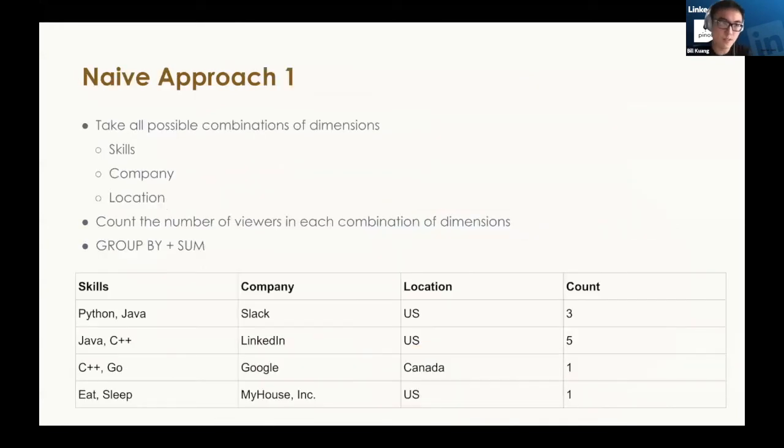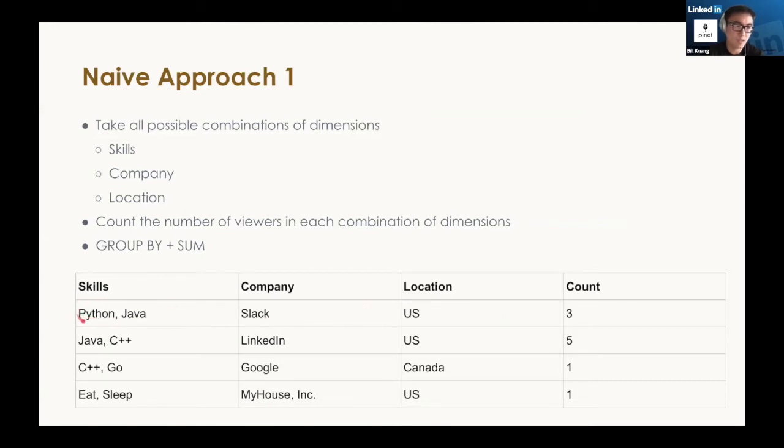So I'm going to start with a couple of naive approaches. The first approach is to take all possible combinations. Each row is like a member.